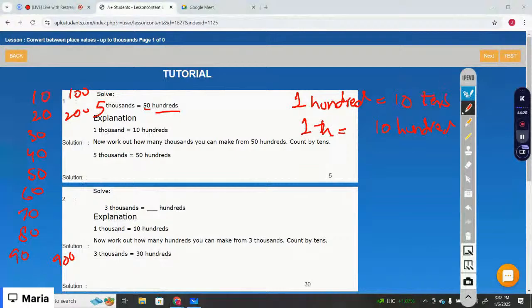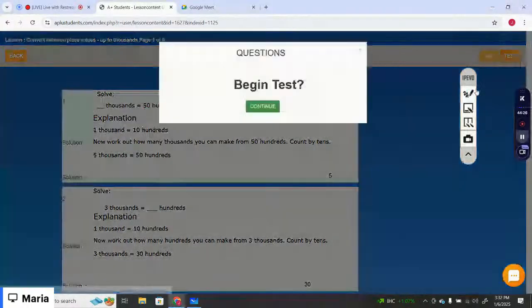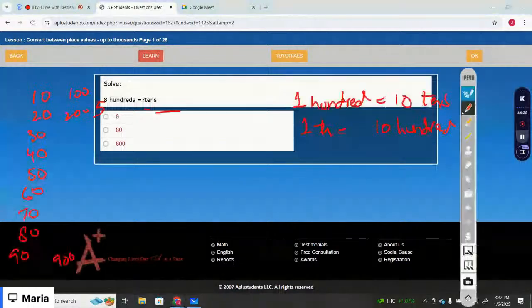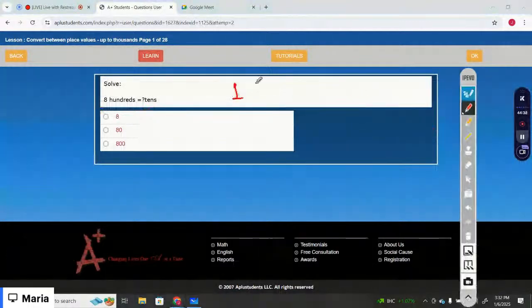Let's just start with the test questions. Always start with basics. You can see now 8 hundreds. So look at it: in 100, how many tens do you have? 100 has 10 tens, right?